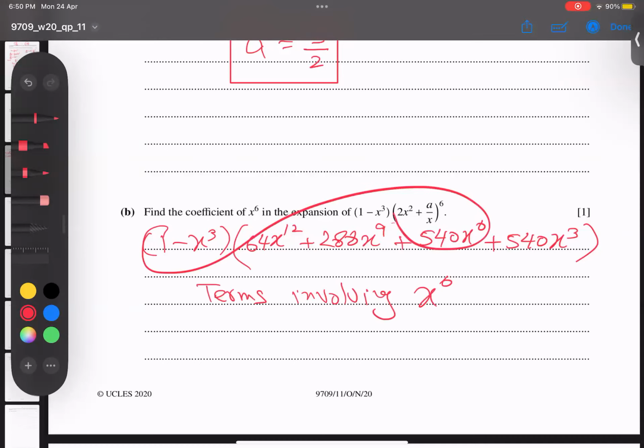So 1 multiplied with that, so 540 x to power 6, and this into that, so it is meaning here minus 540 x to power 6, and you can see that the coefficient is coming here 0.